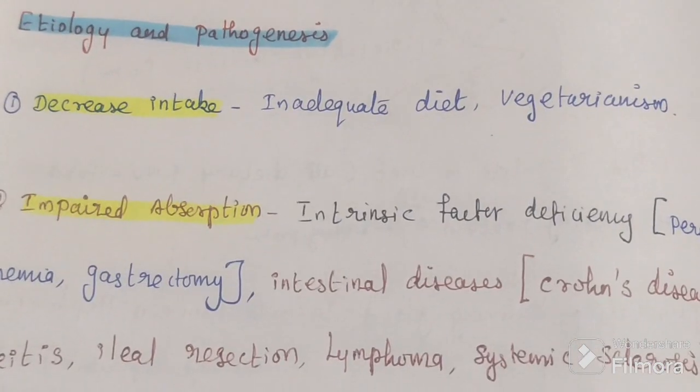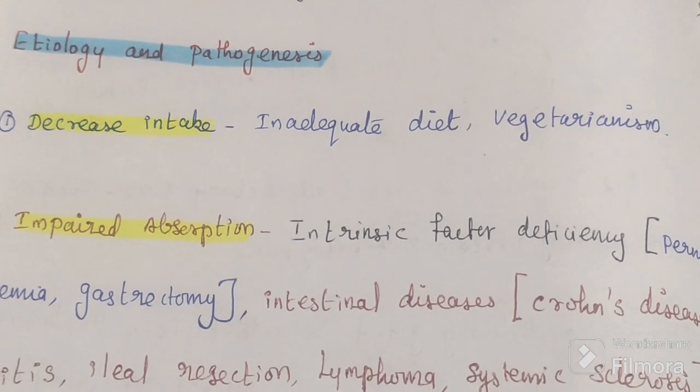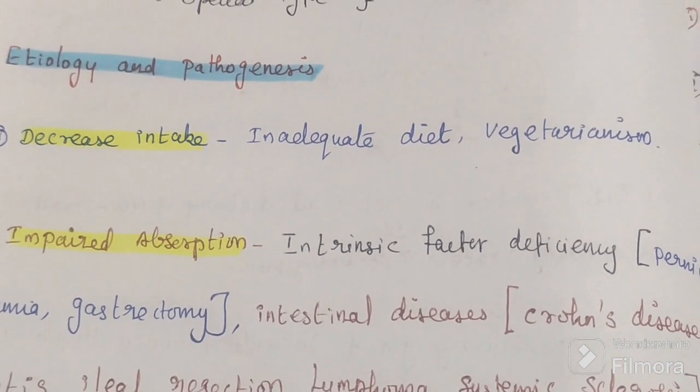Now etiology and pathogenesis: how vitamin B12 and folic acid deficiency can lead to anemia.